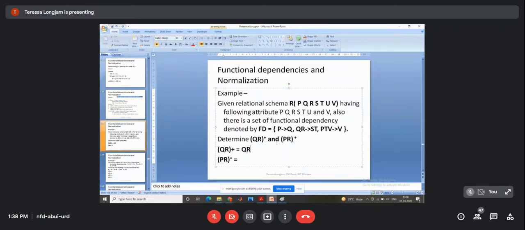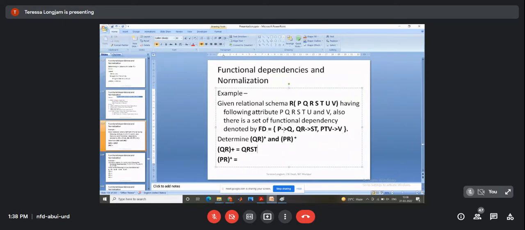After that, what will happen? We'll check this one. P is not a subset of QR plus, so we are not going to include Q here. Now QR is a subset of QR, isn't it? Now what are we going to include? ST, isn't it? PTV is not a subset of this QR plus, so we can't include this.